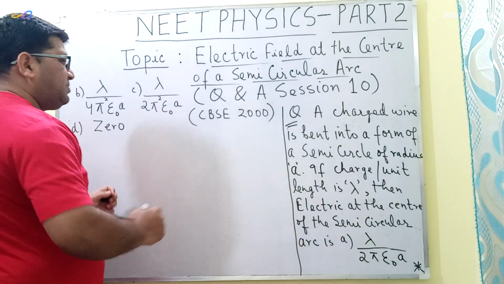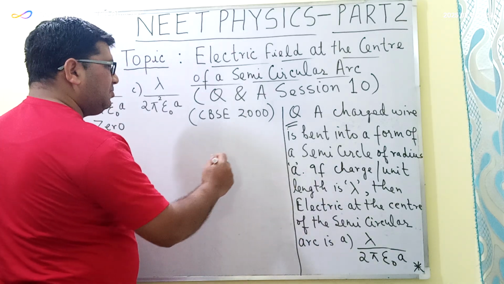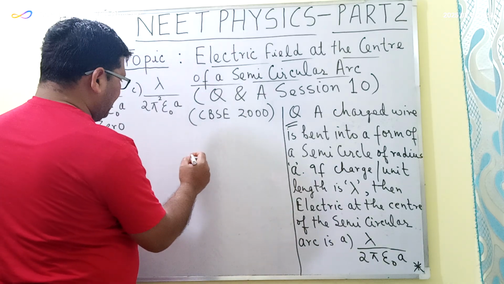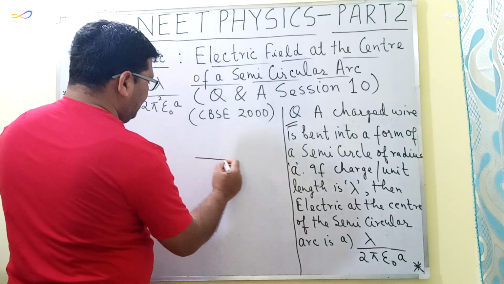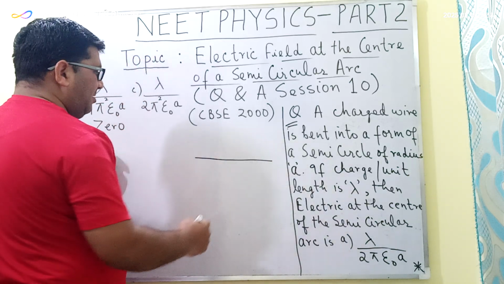So here there is a charged wire which is bent into the form of a semicircle. Let us say this is a wire.